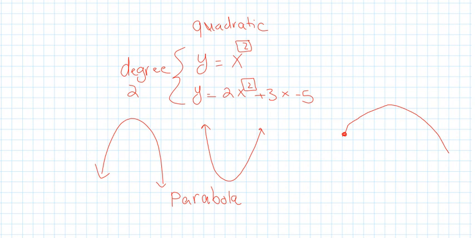Even when you're looking at a fountain of water, if the water is going up and then going back down, it's going to give you that parabola shape. So there's a lot of real life application of parabola, not only in math, but we see it.